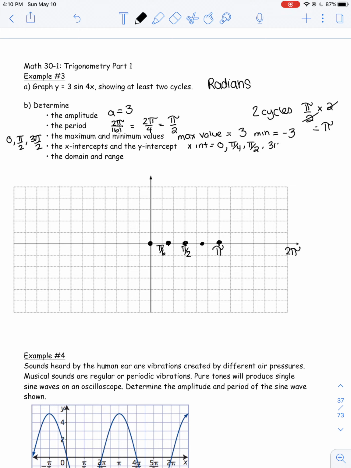So that would be 3 pi over 4. And then we have pi. Okay, so that would be within one kind of interval.